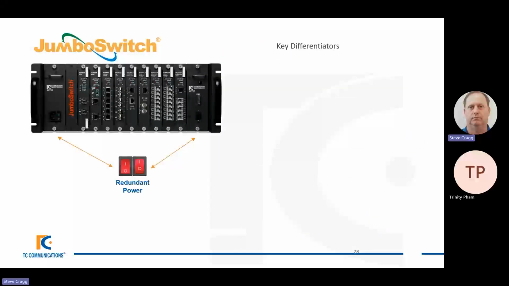The JumboSwitch itself, as I mentioned, is fully mission critical. As you can see here, redundant power on everything. Even the standalone chassis that we had before still has redundant power options. It is temperature hardened, -40 to +80 degrees centigrade, so we have many customers who use this in non-temperature or environmentally controlled shelters.